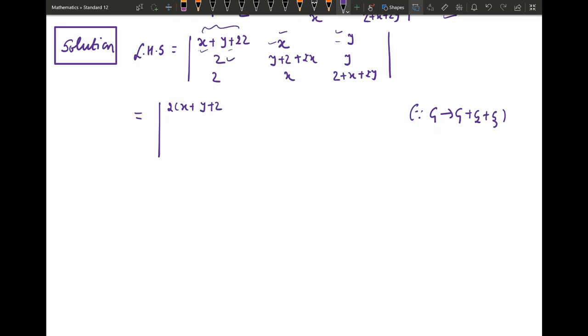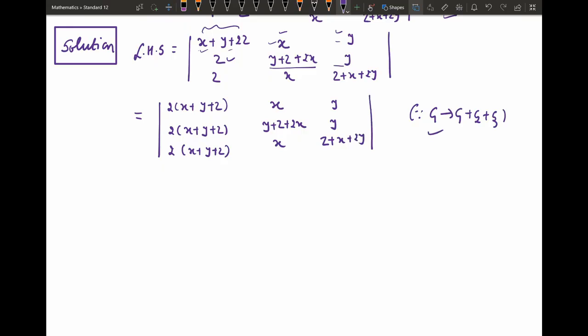Similarly here, z plus y plus z plus 2x and y, so 2 times x plus y plus z. Similarly here 2 times x plus y plus z. The other columns are x, y plus z plus 2x, x; y, y, z plus x plus 2y. So performing C1 to C1 plus C2 plus C3.